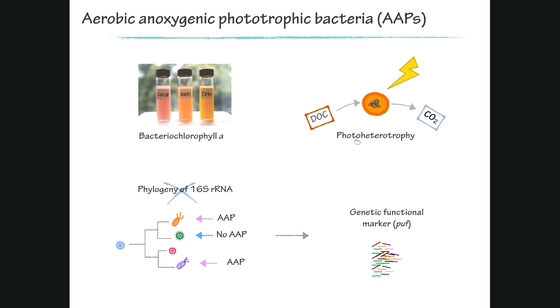They are photoheterotrophs, so they require dissolved organic matter to grow, but they can utilize light, and they respire CO2. And they actually went through horizontal gene transfer processes, and this means that we cannot use the phylogeny of the 16S to identify them, which means that, for example, of two species that are very closely related in 16S, perhaps one acquired these genes, so it can be considered an AAP, and the other did not acquire them.